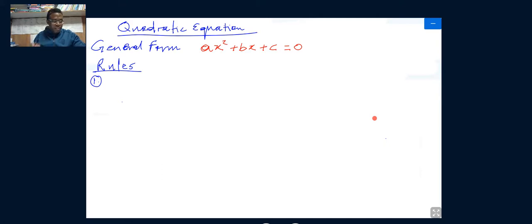So you decide that you make the right hand side equal to 0 or the left hand side equal to 0.